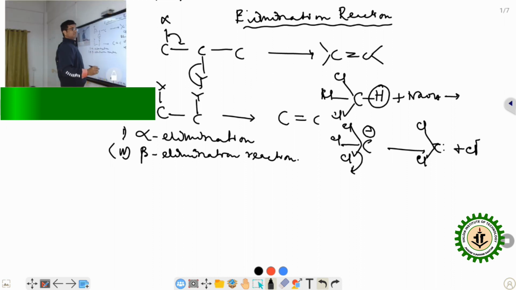Now this is called alpha elimination reaction because from the same carbon atom this H and Cl are eliminated.